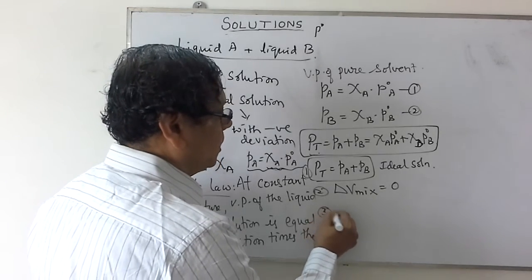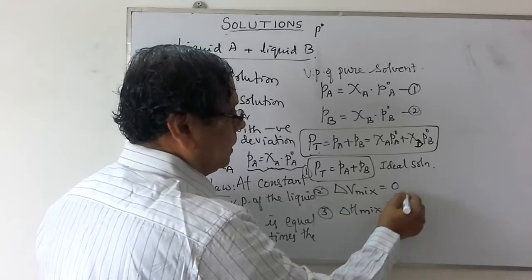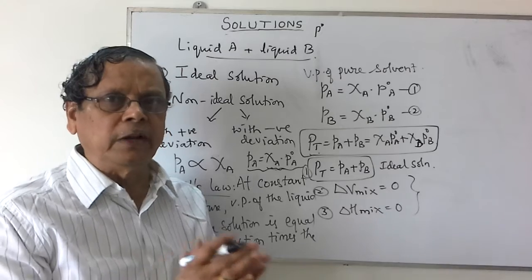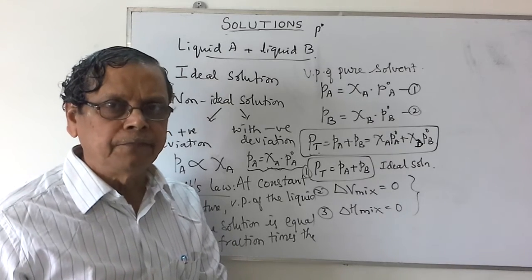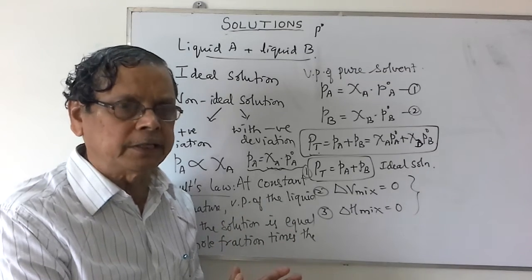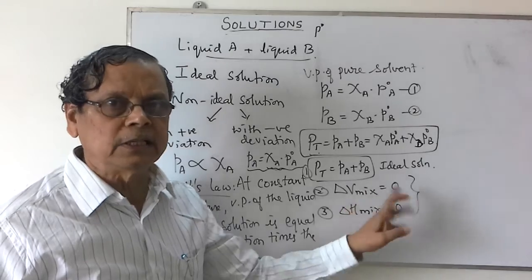Then the third one is delta H of mixing is equal to 0. The meaning of these two is, suppose you take a certain volume of liquid A and a certain volume of liquid B. If the total volume is equal to the sum of the volumes of the individual liquids, then we can say there is no change in the volume, that is delta V of mixing is equal to 0.